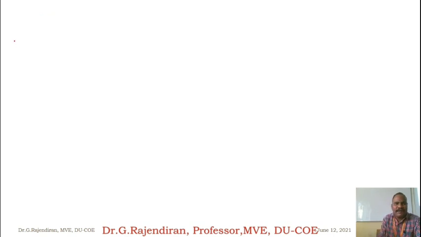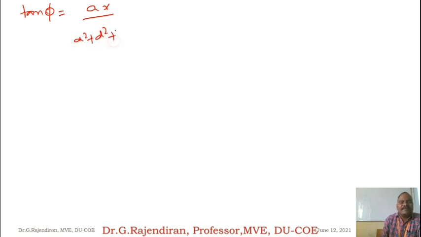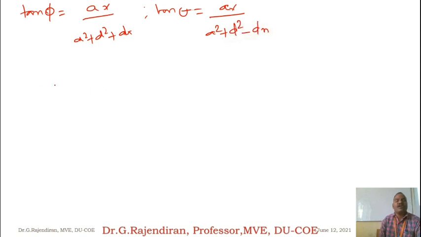Now we will consolidate. Tan phi is equal to ax divided by a square plus d square plus dx, and tan theta is equal to ax divided by a square plus d square minus dx. Clear?